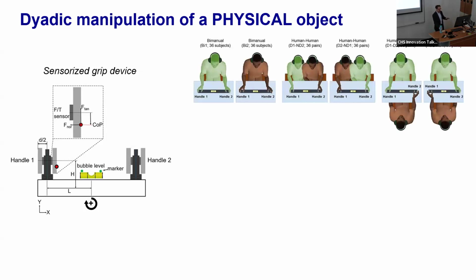We tested a number of conditions, mostly looking at dyads, meaning pairs of subjects, dyadic conditions right here. I'm going to tell you the rationale in a moment. But we also did bimanual. And the reason why we wanted to do bimanual is that previous work compared dyadic cooperation with the same subject doing the task alone as the control.